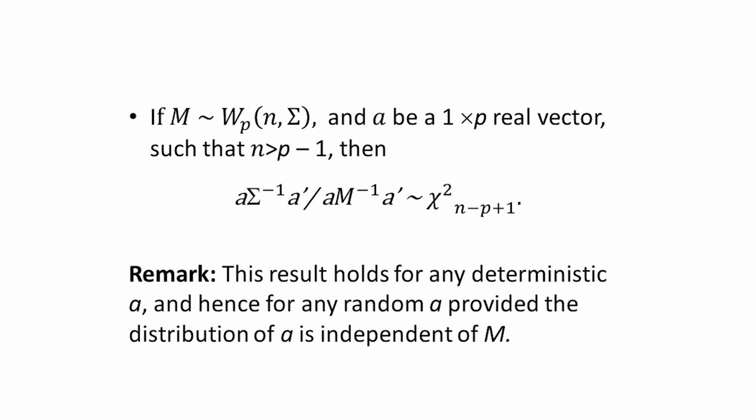Another important property is that if M has a Wishart P, n, sigma distribution and A is any 1 by P real vector such that n is greater than P minus 1, then A sigma inverse A prime by A M inverse A prime will be distributed as chi-square with n minus P plus 1 degrees of freedom.